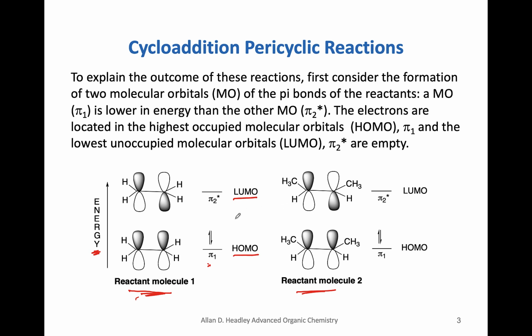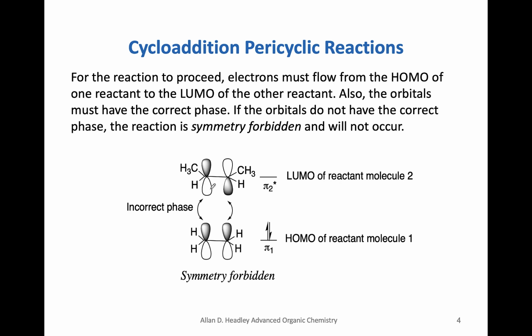Before I go to the next slide, I just want to point out that the HOMO has this orbital. Notice the phasing here. Two shaded are on the same side, and for the LUMO of the other reactant, the phasing is different because the shaded ones are on opposite sides, higher in energy. Let's see the effect of that.